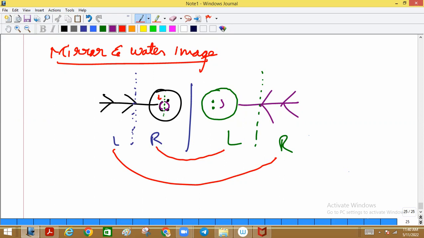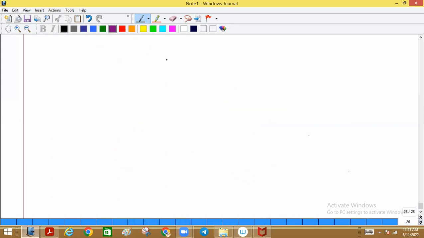Okay. Now this is about which image? Mirror image. Now what is water image? If you keep the mirror at the bottom, it will become water image. For example, if this is the person, and if I want to draw a mirror image of the same image, what is your answer?